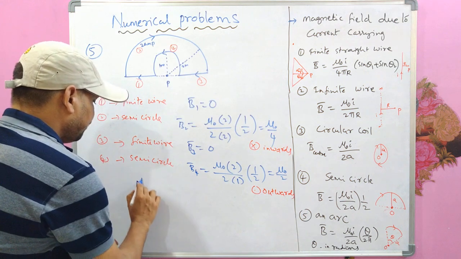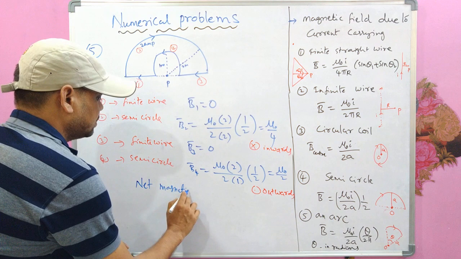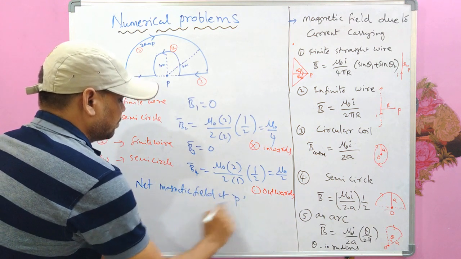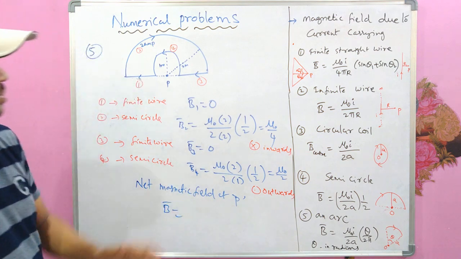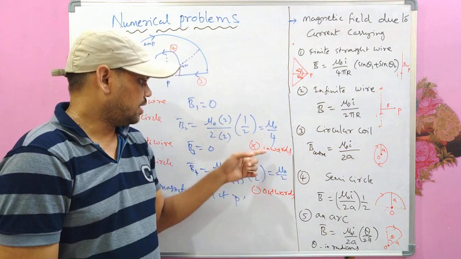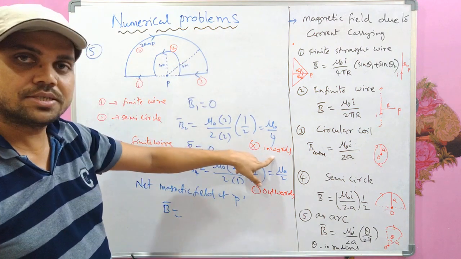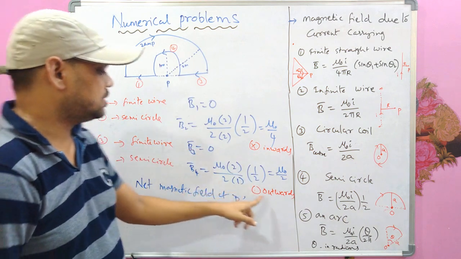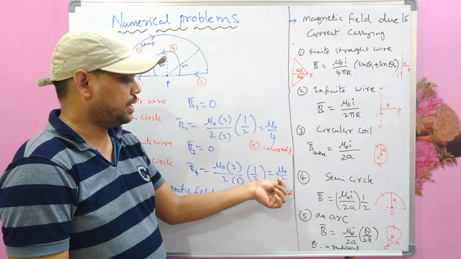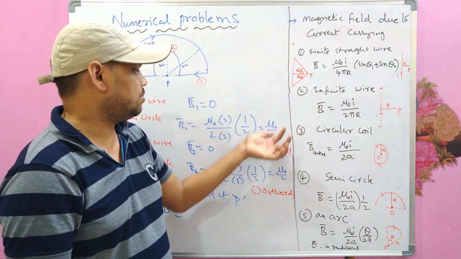Right? The net magnetic field should be the algebraic sum of all these magnetic fields at P. B bar is how much? Sum of all of them, algebraic sum, and the field due to the outer semicircle is inwards and the inner semicircle is outwards. So which is dominating? This is mu naught by 2, this is mu naught by 4. Mu naught by 2 is greater than mu naught by 4.